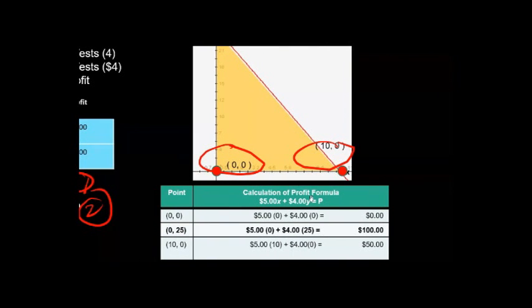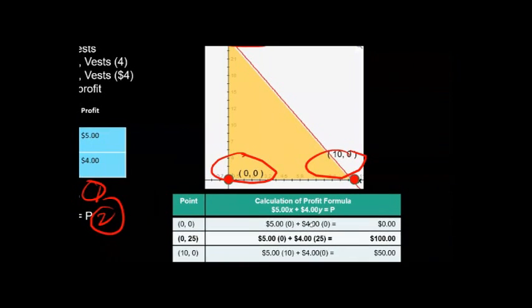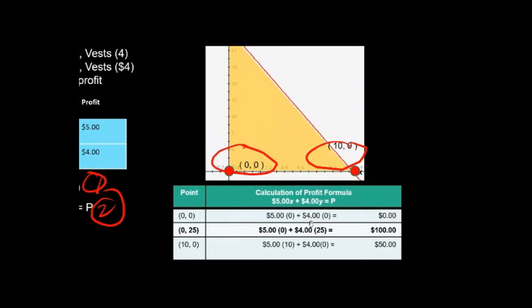So, guys, from the result, yung tatlong points na yan, sino yung makaka-maximum profit siya? Anong points yon? Sige nga. Si 0, 0, 0, 25, or si 10, 0. Anong points dyan? Yung 0, 25.